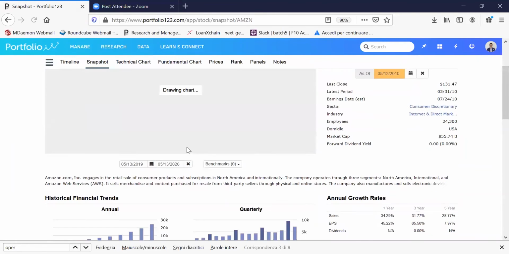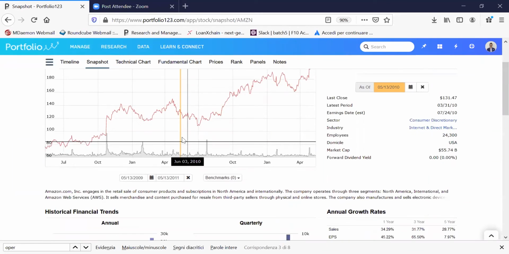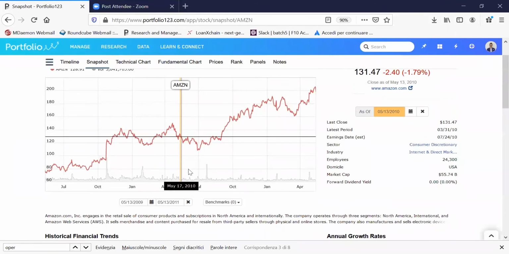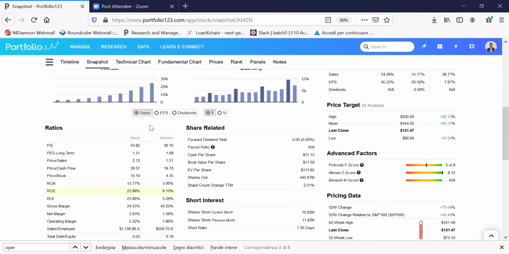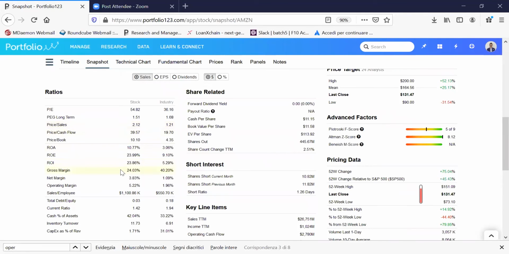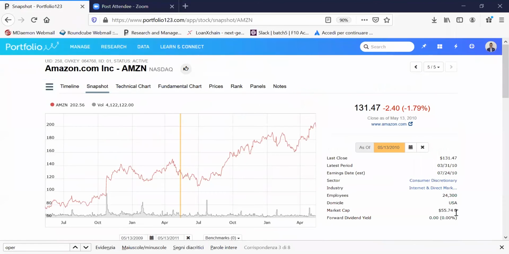I admit that 10 years ago we had just come out of the great financial crisis, so investors were quite wary. But still, price to sales was 2, okay? And although gross margin was half of what Shopify has, that doesn't justify a price to sales divergence so high. And Amazon at the time was valued at 55 billion, while Shopify now is at 71.